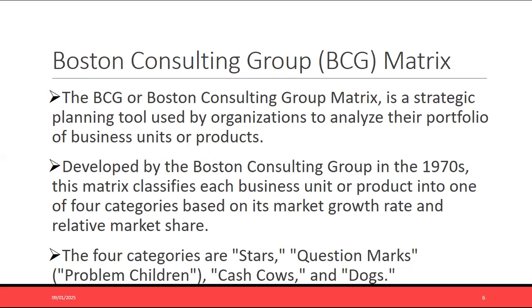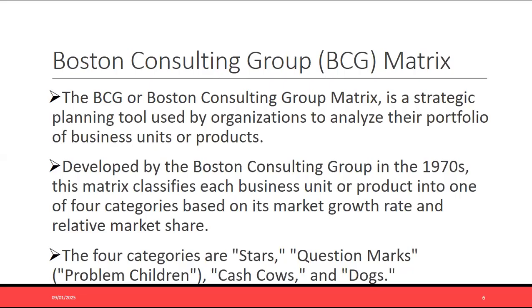For an organization, a typical organization will not have just one product. For most of the well-established organizations, they have a range of products, and they also have a number of services that they render to their clients.